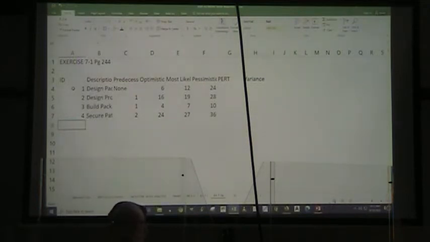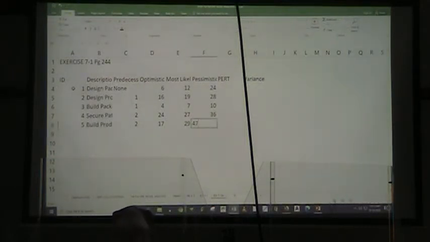Okay, meanwhile, back at the ranch, our description for activity 5 is build the product. That also has a predecessor of 2. Optimistic time is 17, most likely is 29, and pessimistic is 47.